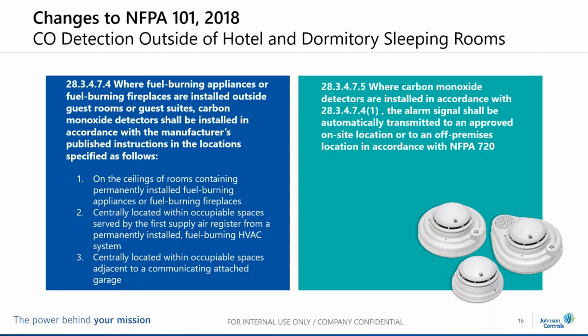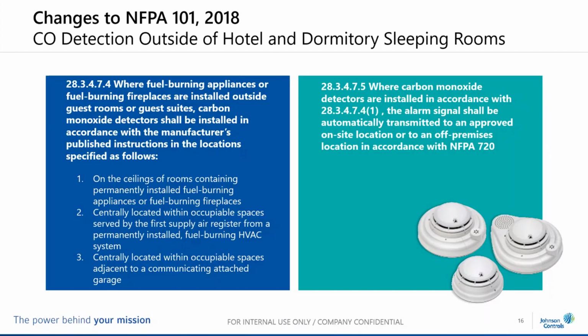Chapter 28, Section 28.3.4.7.5 requires CO detectors to automatically send the alarm signal to an approved on-site or off-site location. So again, if we're in a hotel, for example, the approved location could be the front desk. We have a fire alarm control unit there, as we commonly do, and now our carbon monoxide devices could send a signal there.